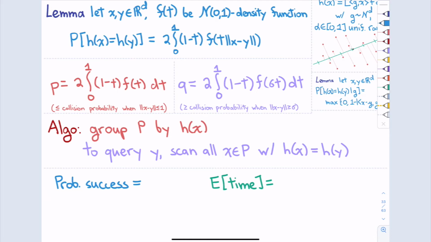If there is a near neighbor, what are the odds we find it? P. And what's the expected time? Let's just treat the hashing part as taking d time to compute the hash because you have d coordinates.